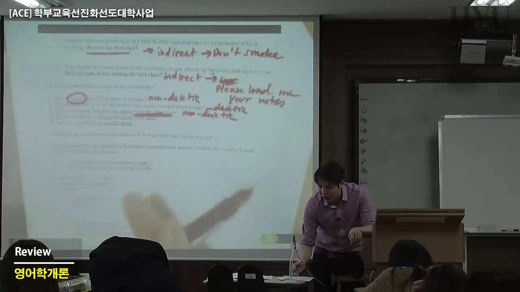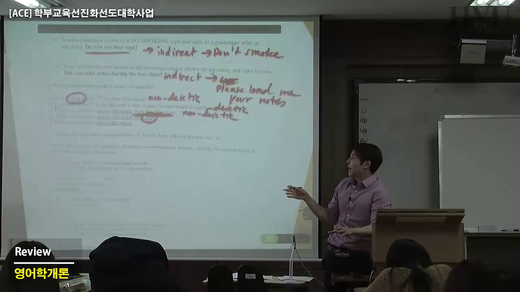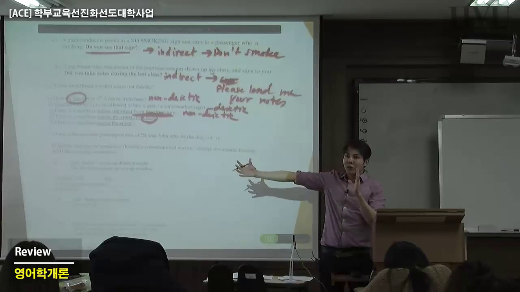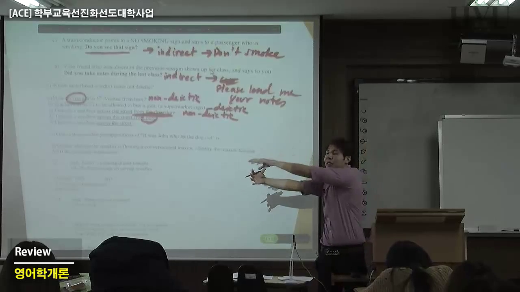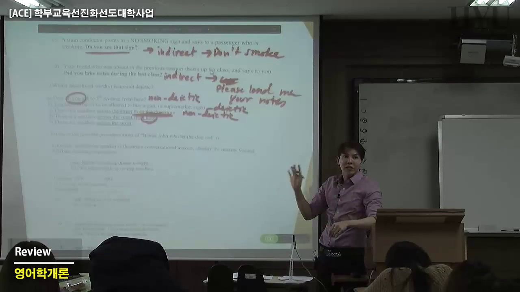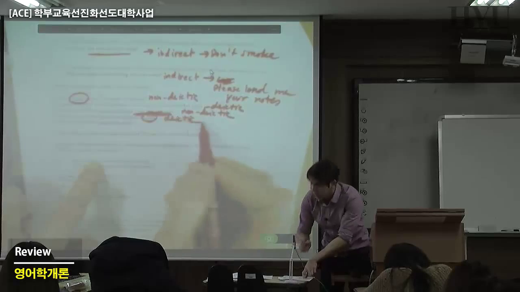Because depending on where here is, right? So depending on where you say this, if it's on this side, the mailbox will be on the other side. But if here means that side, the mailbox will be on this other side. So the place of the mailbox always changes. So it's deictic in this case.